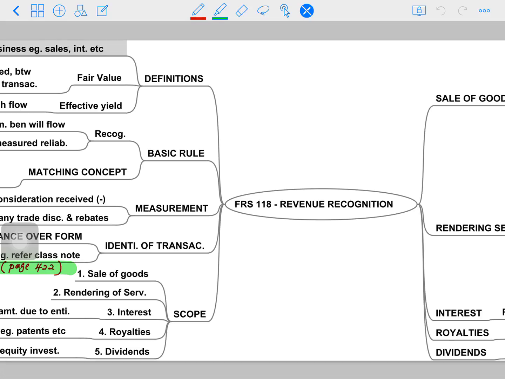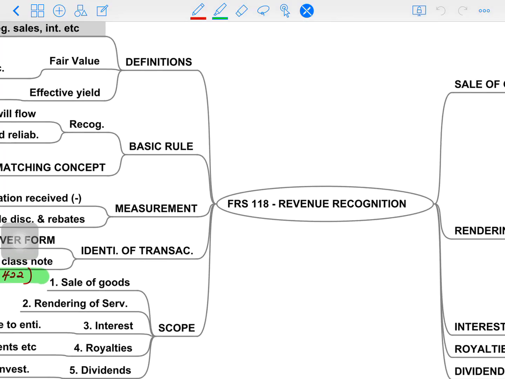Only minimum, where you have to calculate how much revenue you need to recognize and when to recognize. But it is not detailed calculation. So minimum calculation.